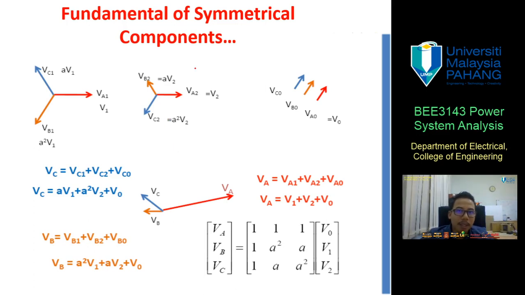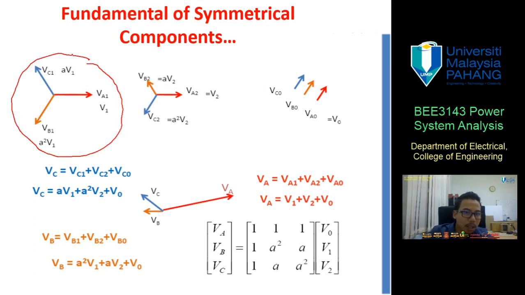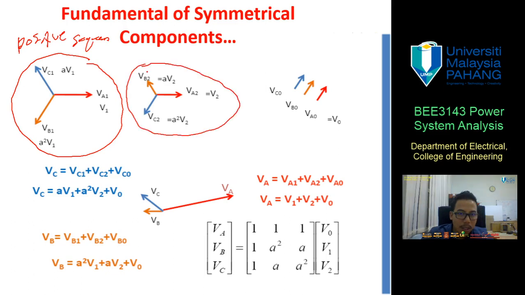Okay, the fundamental analytical components. Basically, we have all the sequences here. This one is the positive sequence. This one is 2, because 2 is the negative sequence.